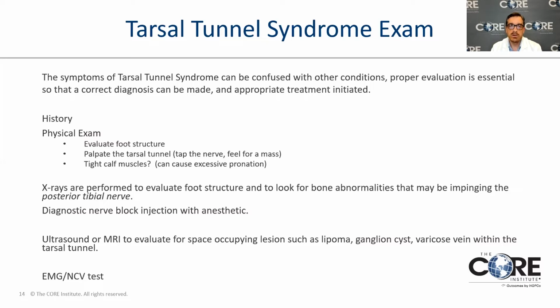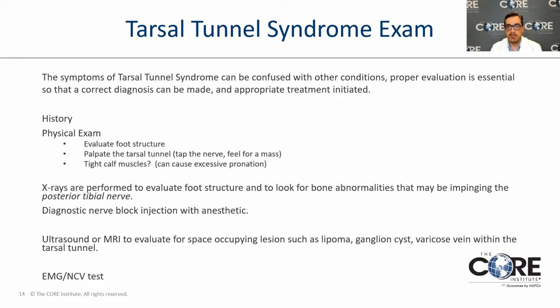But again, what we're really looking for is the foot structure. It's important to see the alignment of the bones on an x-ray when a person is bearing weight on their foot. If you have x-rays taken at your primary care doctor's office and you weren't standing on the foot while they were taken, they're really not much use to us.